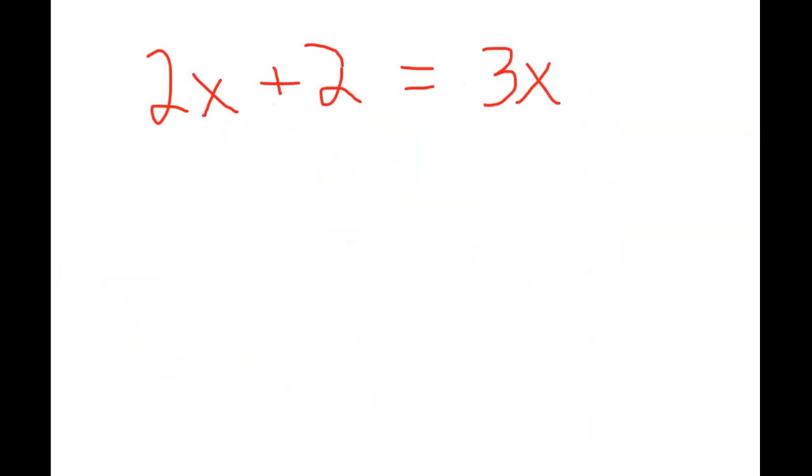If you had something where you actually had 2x plus 2 over here, and then let's say we have 3x over here, and then you have plus, let's see. Okay.